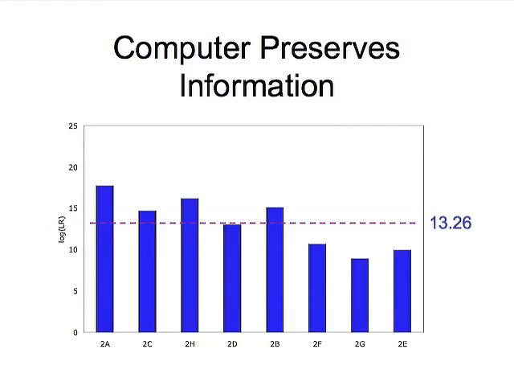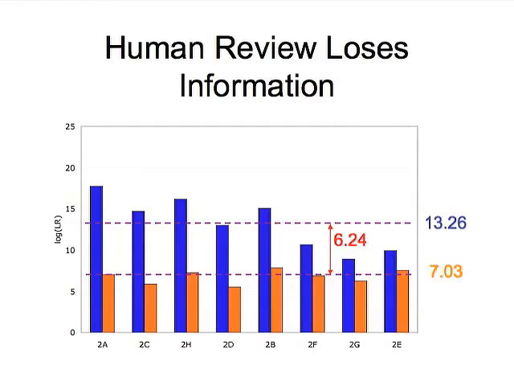A direct comparison of what was in the case folder showed that human review, using the inclusion method, as was used in this case, drops in its average information power, the number of zeros, down to 10 to the 7th, or 10 million. And so on average, the human review, even without using a victim, by the way, which would make it higher, loses 6 zeros, or a factor of a million.